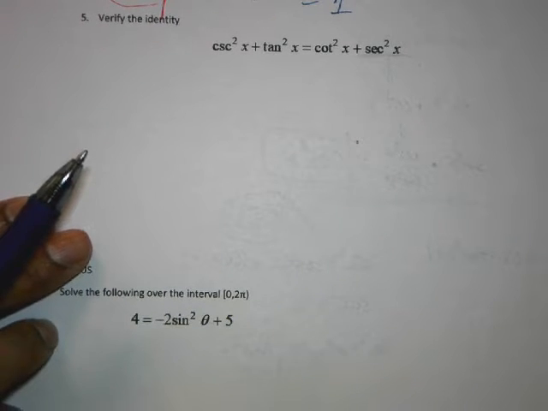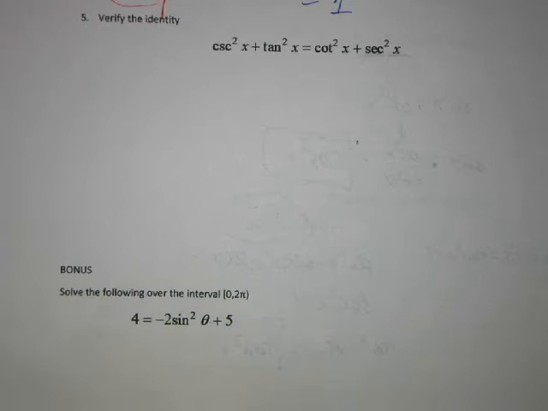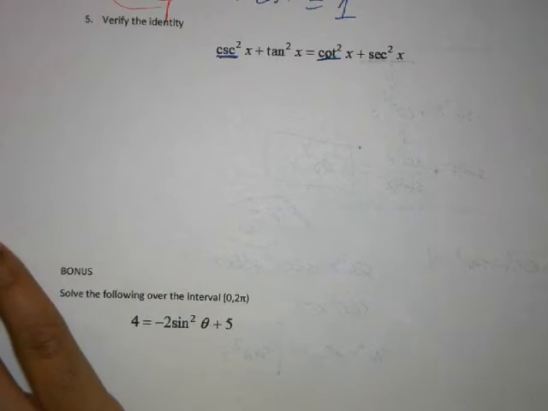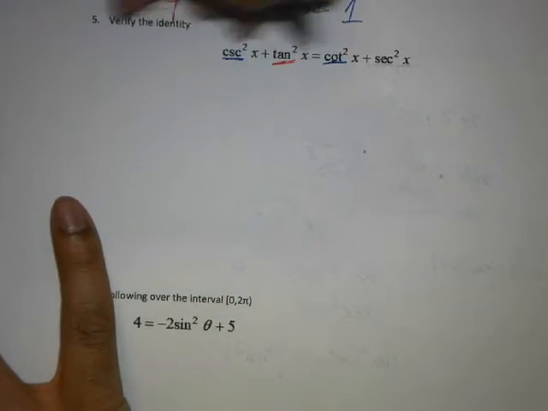We've got the last verifying one: cosecant squared x plus tangent squared x equals cotangent squared plus secant squared. Okay, so the good news is we have identities that somehow relate these, right? I can tell you that cosecant goes with cotangent and tangent goes with secant.